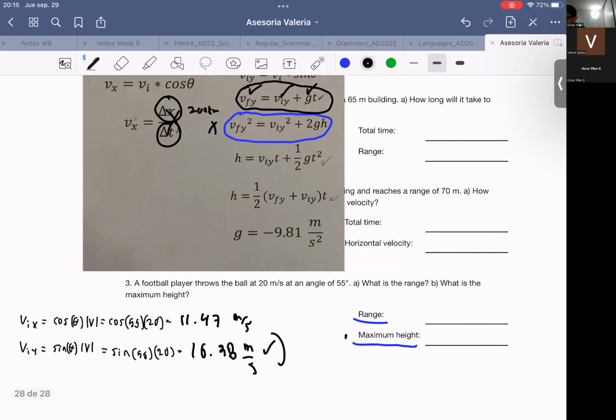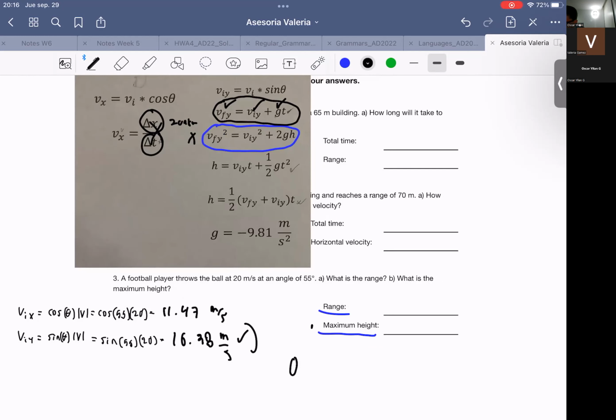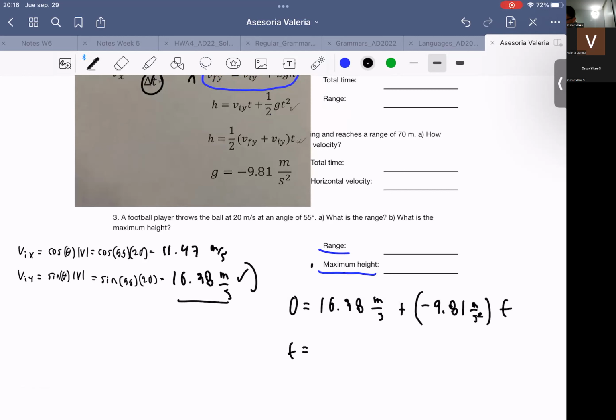Basically, we can substitute. The final velocity in Y is equal to 0. The initial velocity in Y we just calculated, that is 16.38 meters per second, plus G. G is minus 9.81 meters per second squared, times T. So we do the algebra and we pass minus 16.38 divided by minus 9.81, and we get, what do we get?